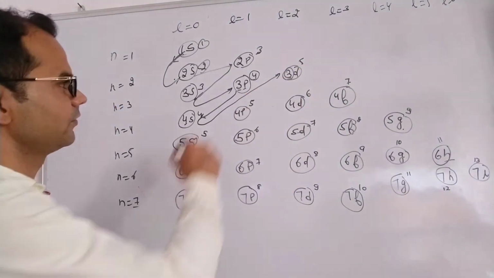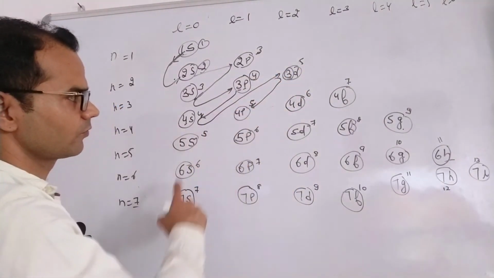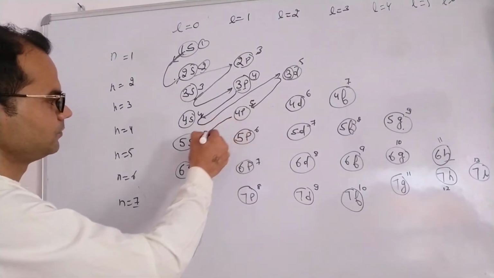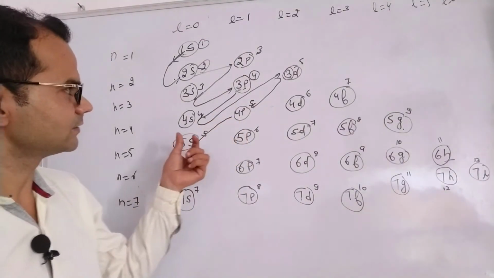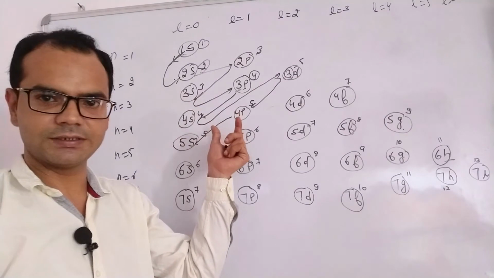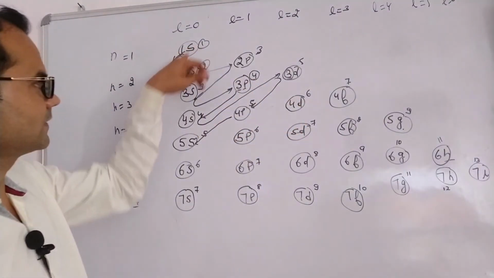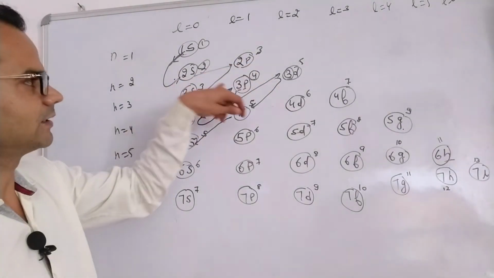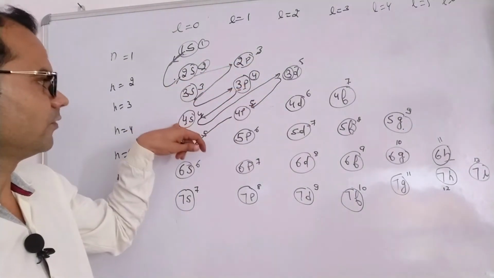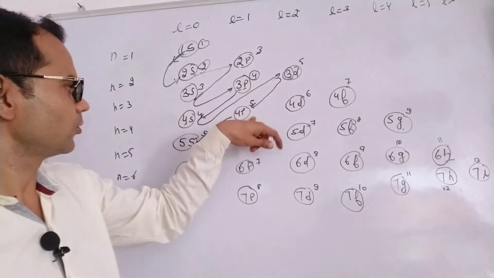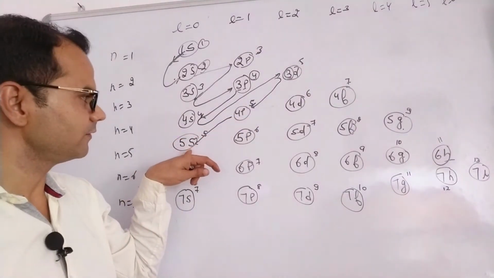From 3d it will come to 4p. From 4p to 5s. So now we have the orbitals arranged in their increasing order of energy: 1s, 2s, 2p, 3s, 3p, 4s, 3d, 4p and 5s.